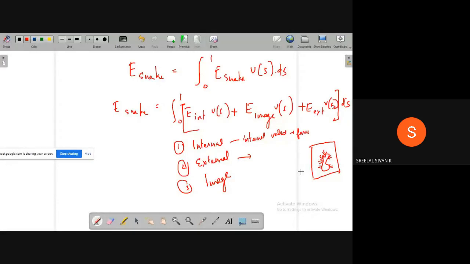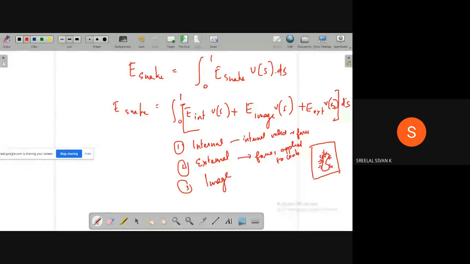That may be forces applied to that contour, that means the forces applied to the pixel intensity value or gradient value outside that particular object. That is called external energy, outside that contour.